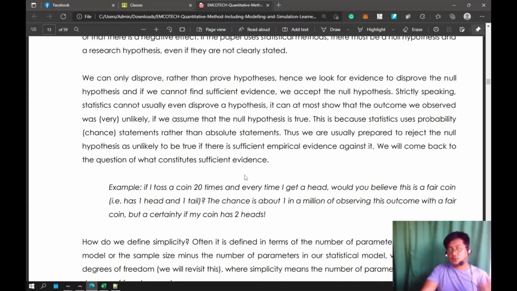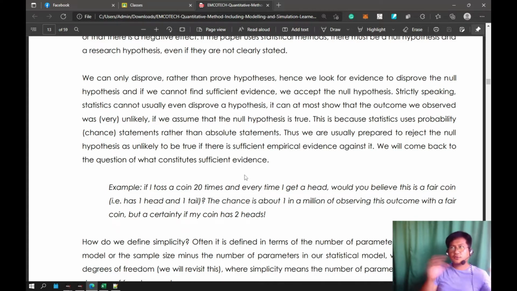This is because statistics uses probability, chance statements rather than absolute statements. So probability, how many percent, or according to statistics, how close are we to the conclusion that there is really sufficient evidence that proves this hypothesis is true.